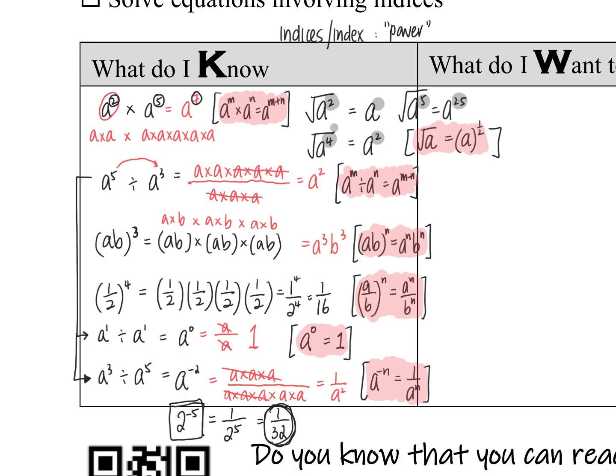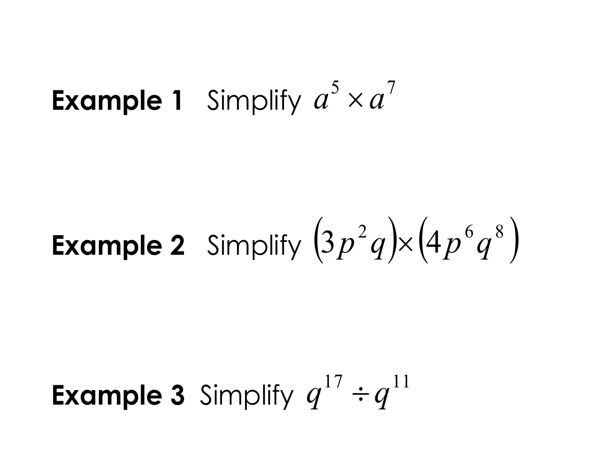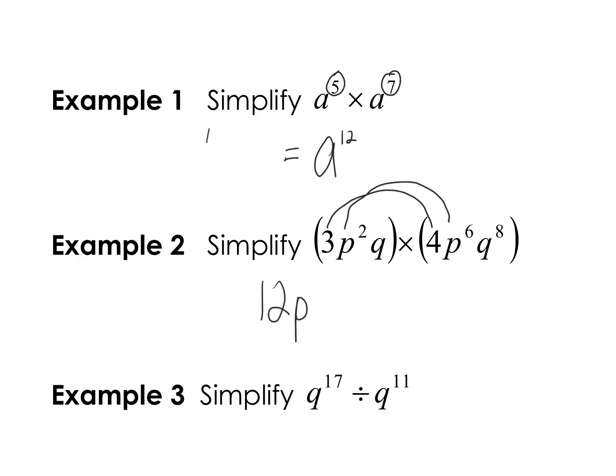All done with this page? Anyone still copying? No. Okay, so this one, quick answer. Yes, because you add these two up. That's all. Okay, then next, number multiply by number, 12. P squared and P6, P8.